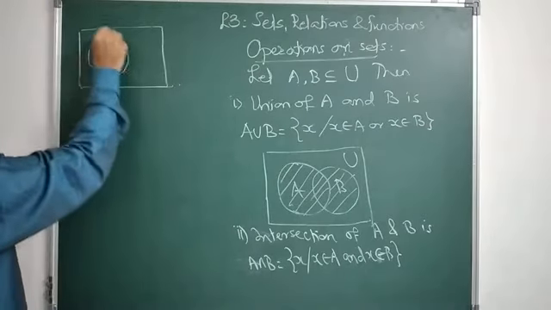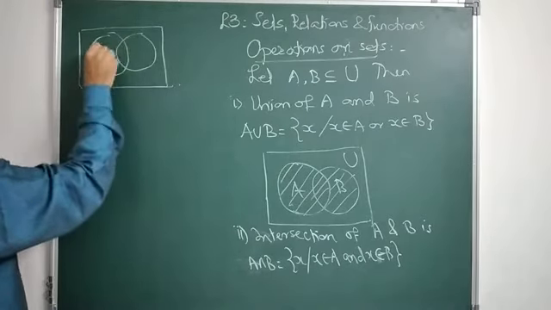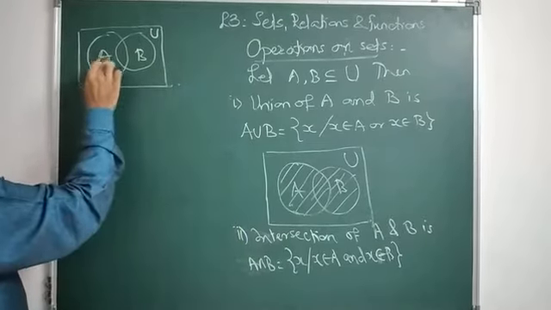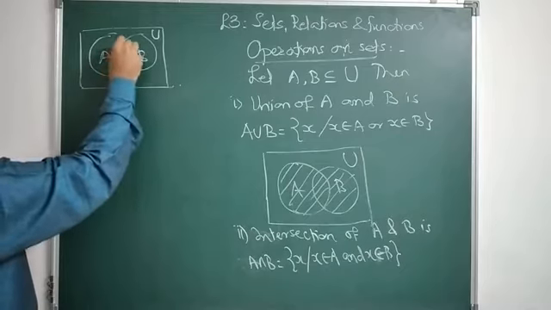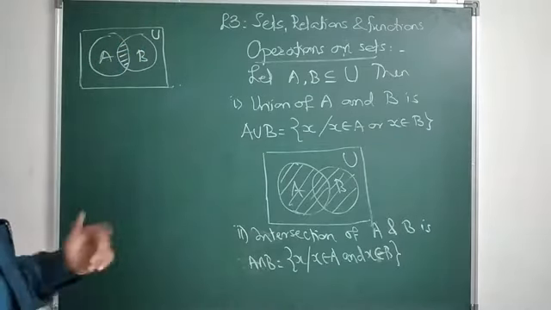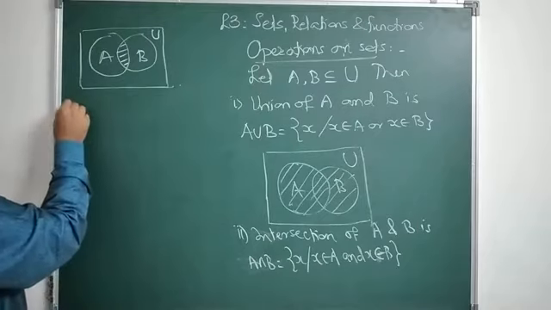If this is A set, this is B, then elements common in A and B is nothing but this shaded portion, which is A intersection B.